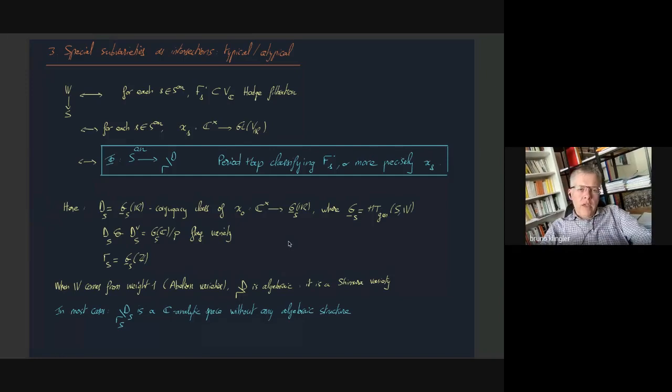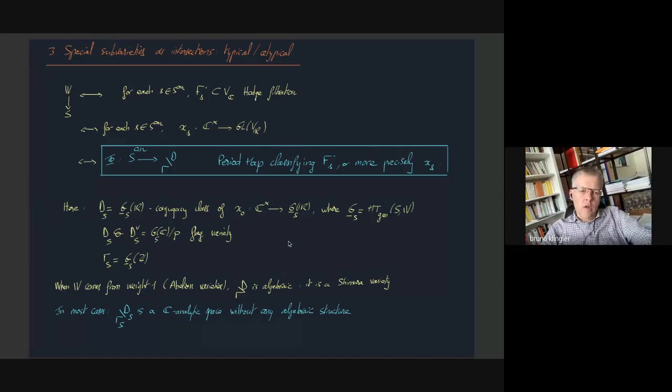So something interesting happens here: in general, this picture is completely complex analytic. It's well known that, except if V comes from weight 1, D mod gamma has no algebraic structure at all. This is not an algebraic variety. This is a complex analytic manifold, but not algebraic.